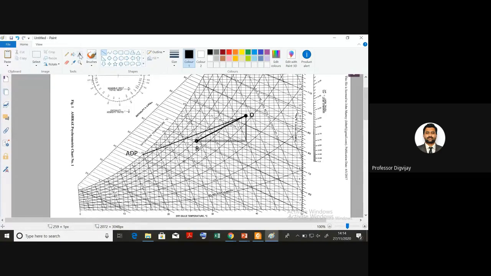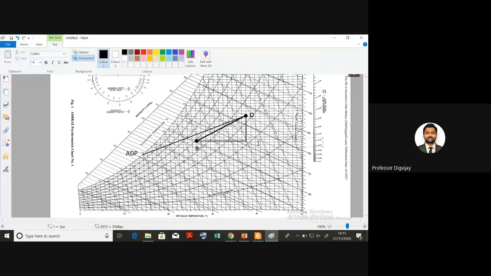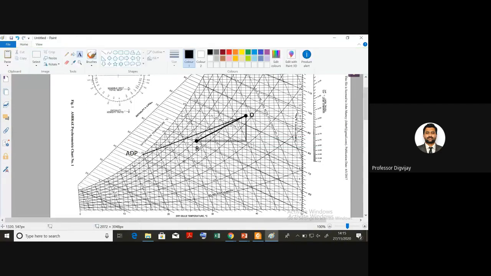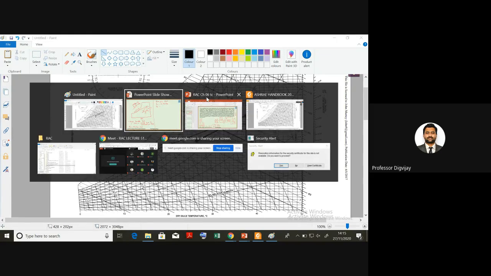Here will be our point A. Okay, so now I have to find out the enthalpy of point A. Similarly, I will follow this line up to the enthalpy scale. So this will go like this, and it will reach somewhere here. As you can see, here it is 70, then this will be 72, this will be 73. So enthalpy at point A will be 73.